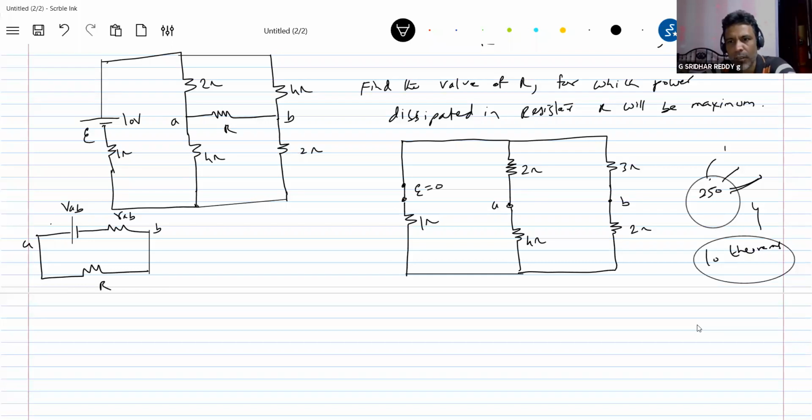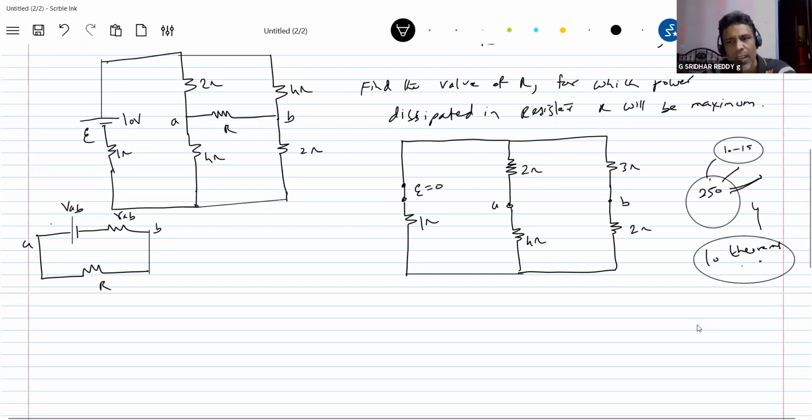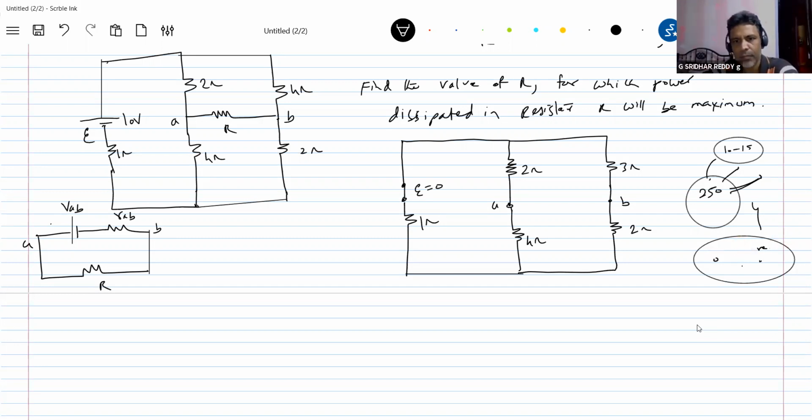I'll introduce some 10 to 15 different methods. The theorems you've already seen are KCL, KVL, and the maximum power transfer theorem. Next, the nodal analysis method I'll tell you. Like that, many theorems are there. Okay, let's come back to this.